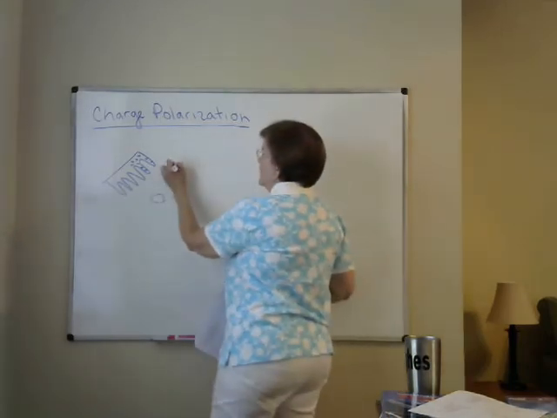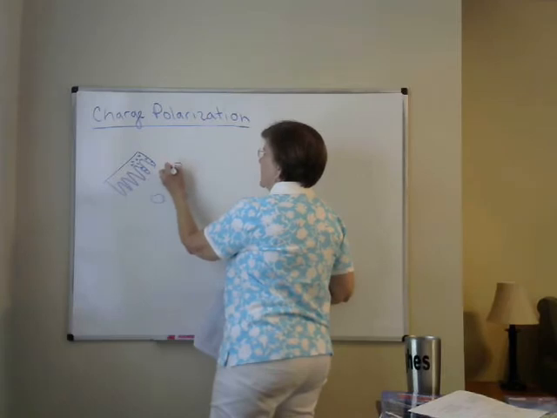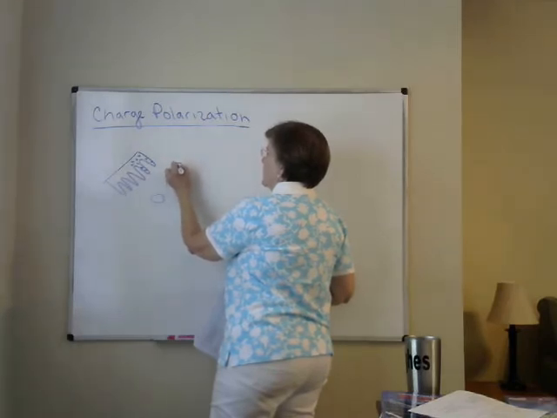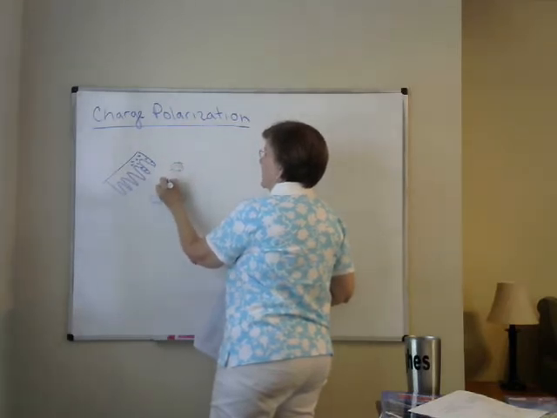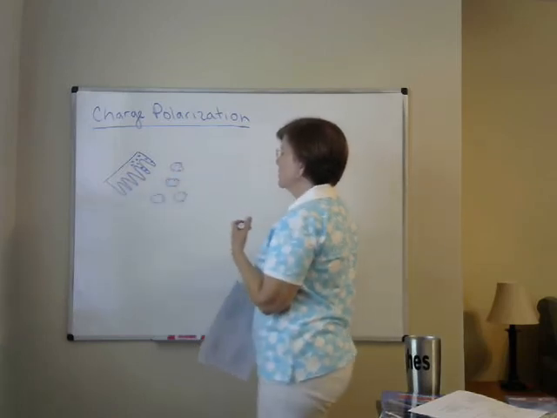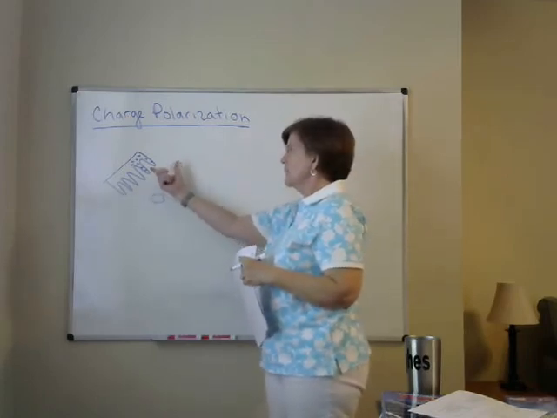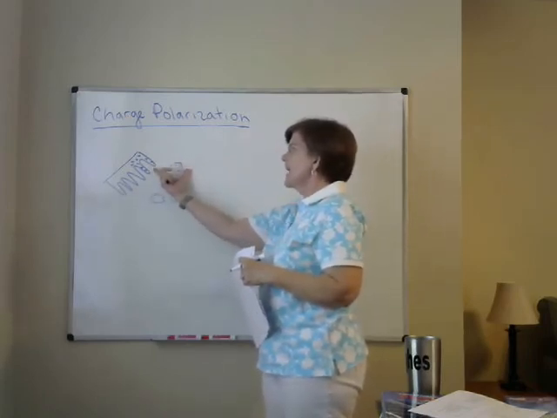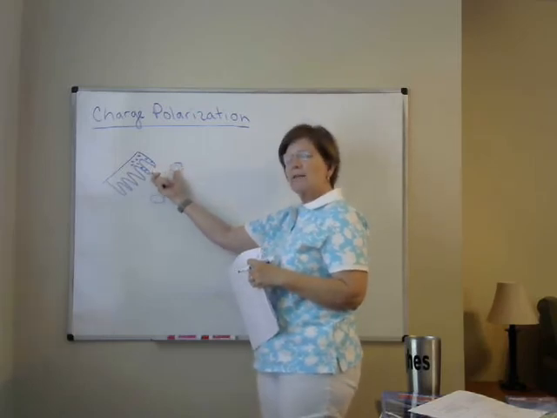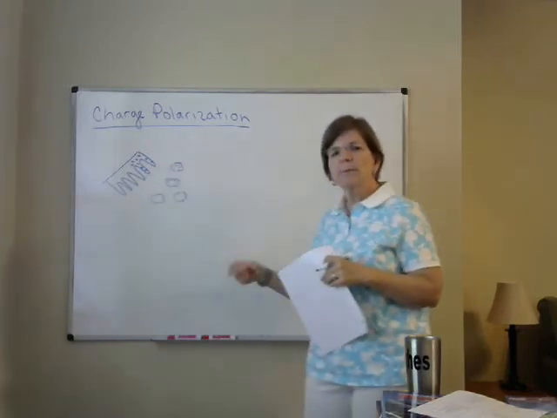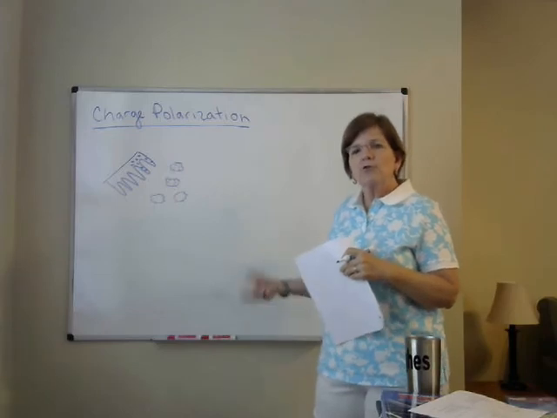So the negative side of the molecules ends up pointing this way, and the positive side of the molecules ends up pointing that way. Since the negative side is a little closer to the comb, it'll be attracted. Even though there's a repulsion between the positive side, there's an attraction to the negative side, and the negative side is a little bit closer, so it attracts that.